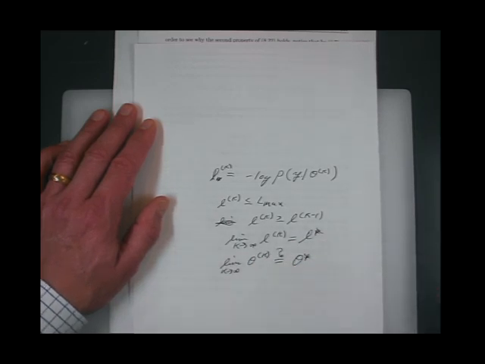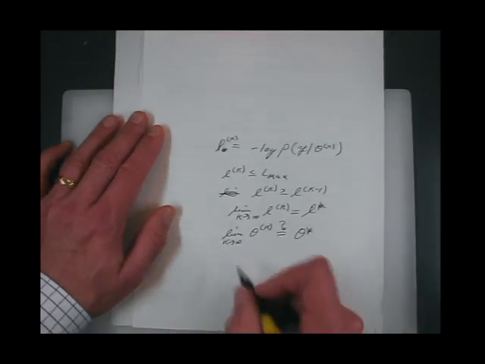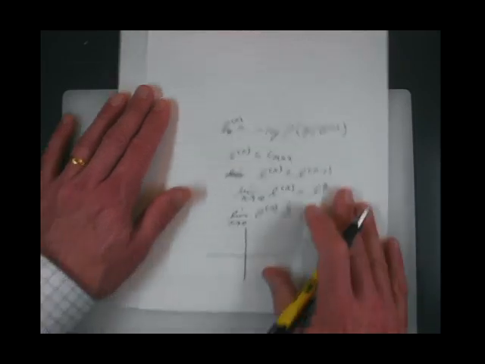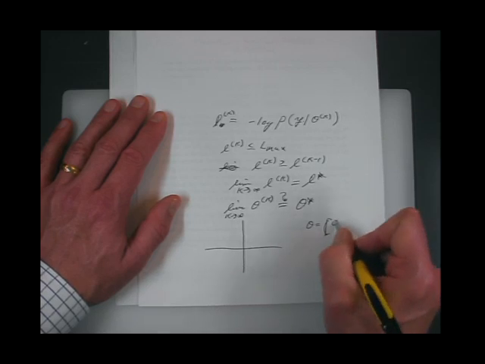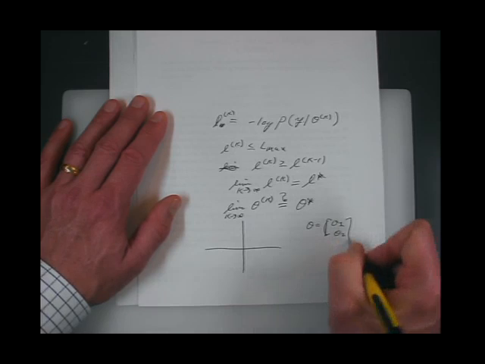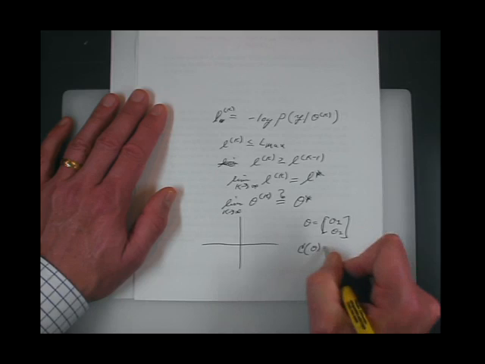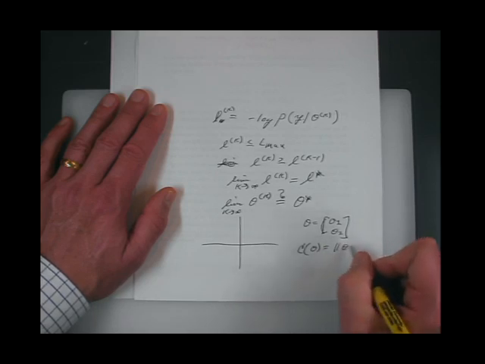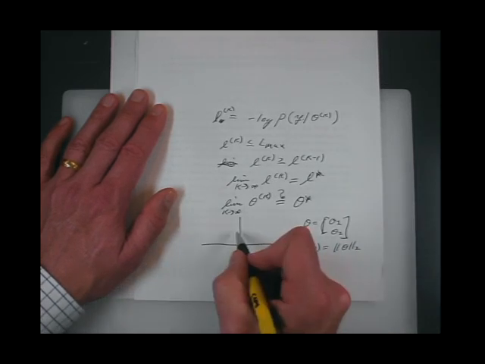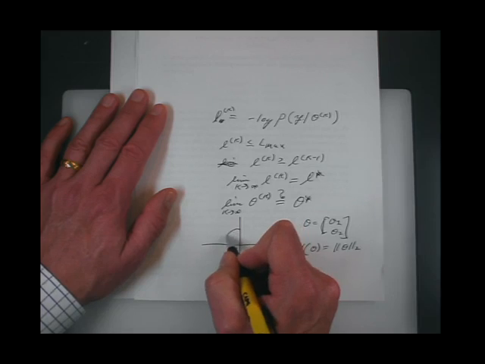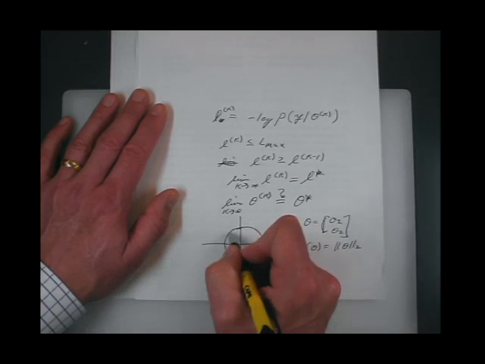Is that necessarily true? Well, the answer is not necessarily. So here would be an example. Let's say theta here is a vector, theta 1 and theta 2, and let's say the cost function here is the norm of theta, 2, 1. And let's say you're on a circle, and you just keep going around the circle.